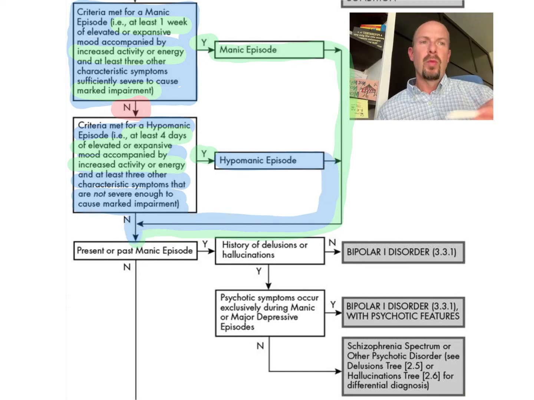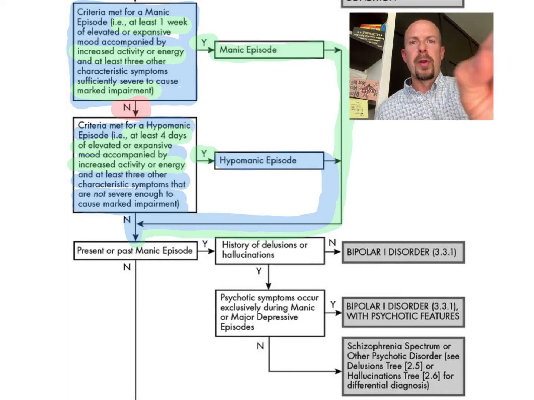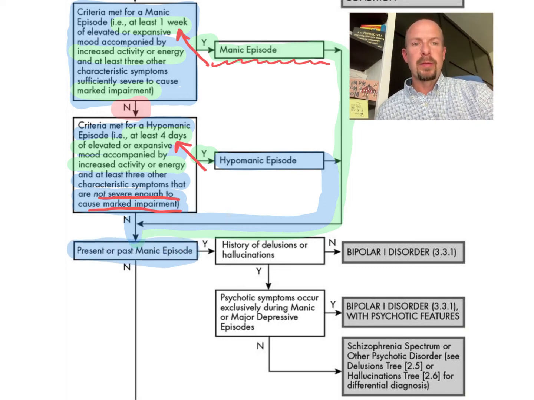So once we've decided whether it's a manic episode, if they met that criteria, or a hypomanic episode, if they met that criteria and it's not causing marked impairment, we have to decide at this point whether they've had a present manic episode, this green pathway, or a past manic episode.